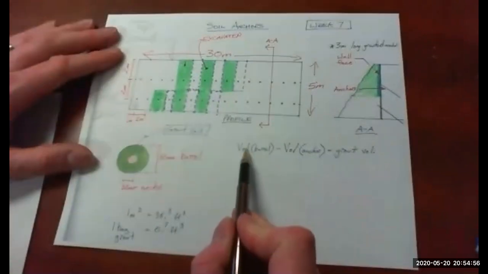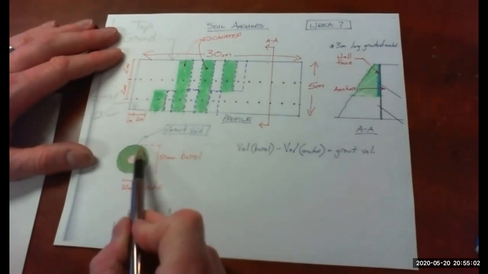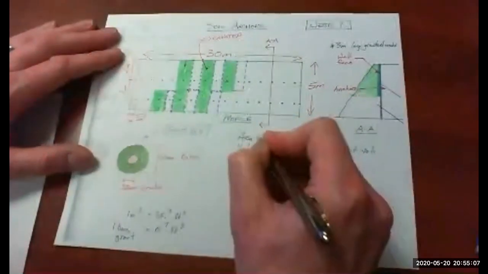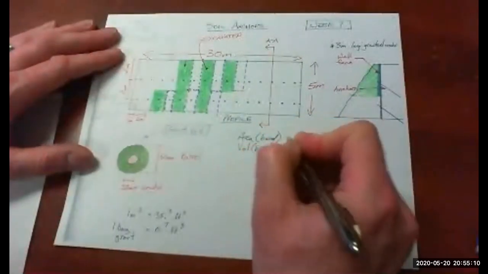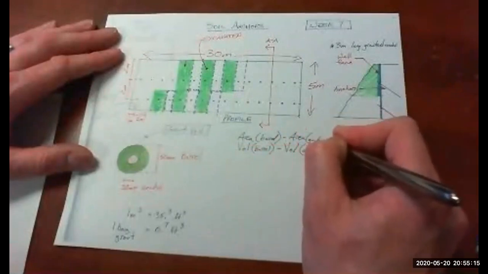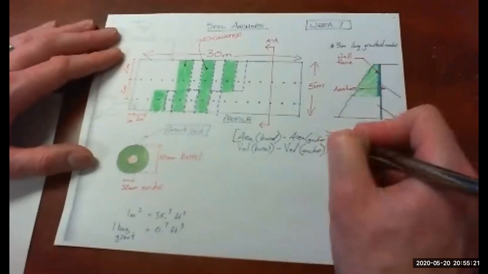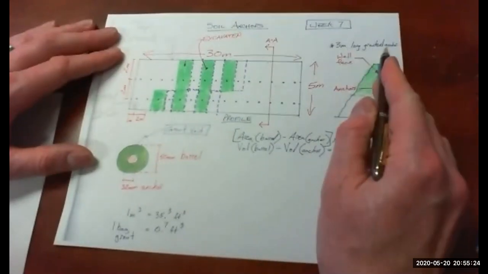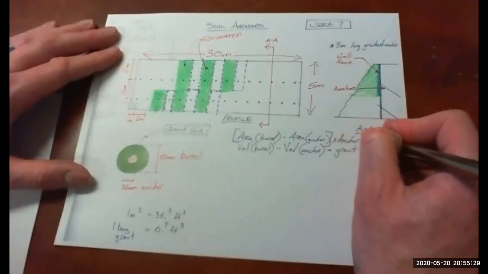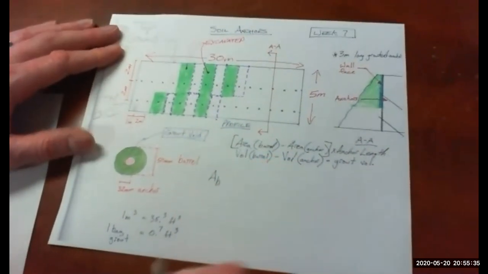Okay, so let's calculate the volume of the barrel. Actually, the way I like to do it is calculate the area of the barrel, and then subtract the area of the anchor, and you multiply that by the anchor length. Okay, so area of the barrel.